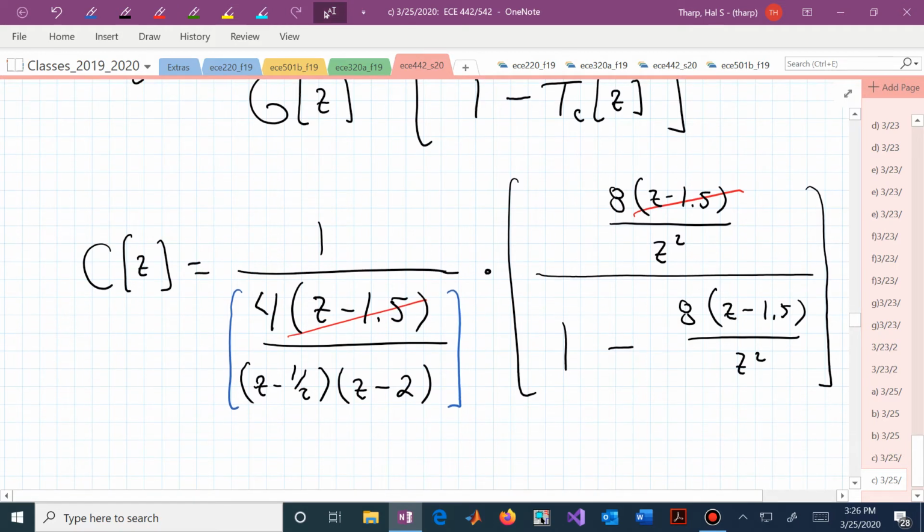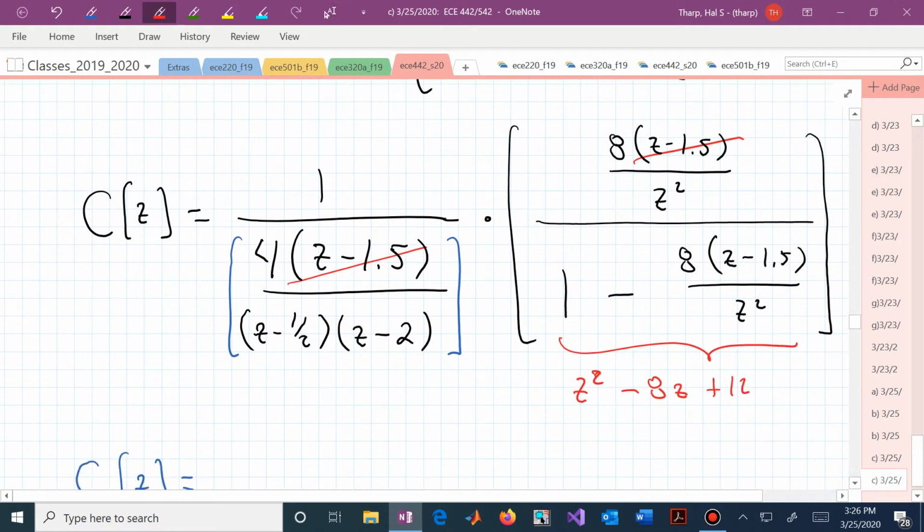Well, we kind of have a mess here, don't we? So let's clean that up. We now have, let's put this over a common denominator. We have z squared minus 8z minus a minus 8 times 1.5, or plus 12. So 8 plus 4, and that's over z squared.